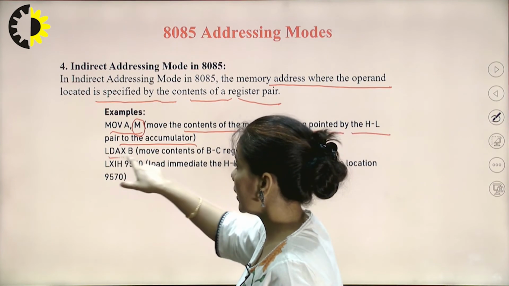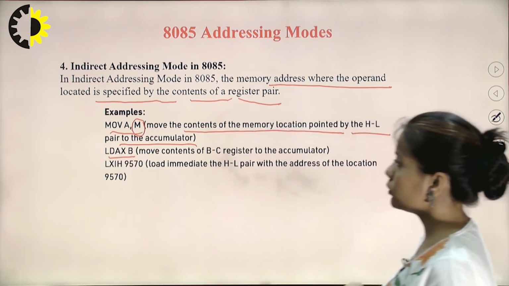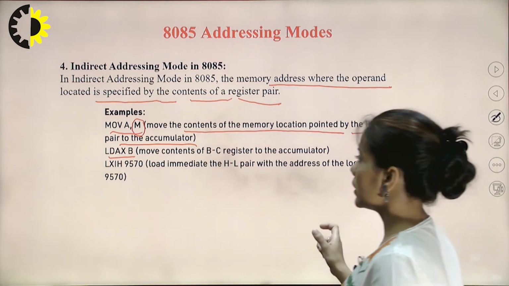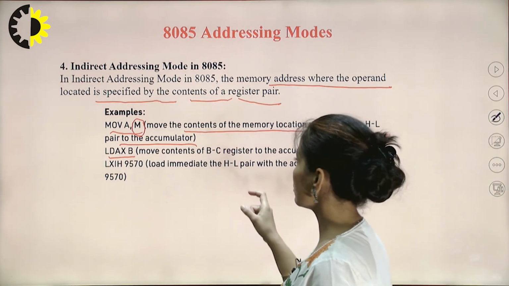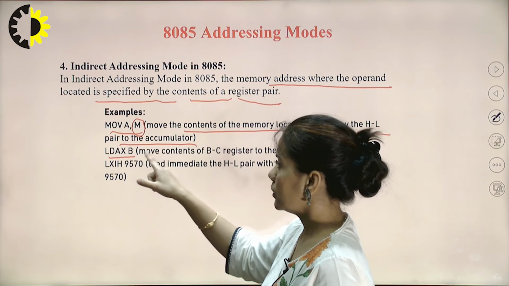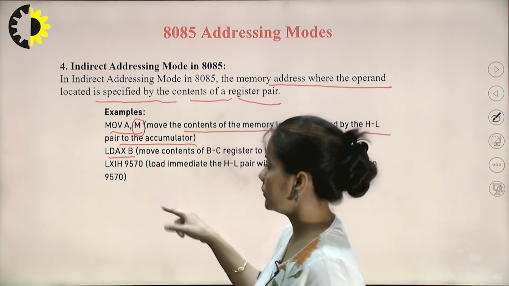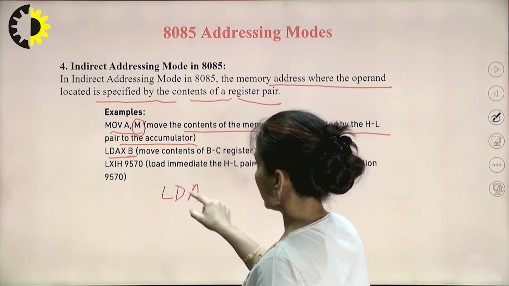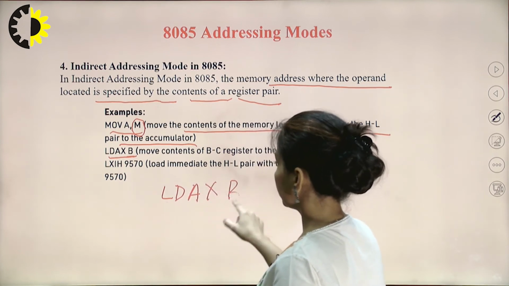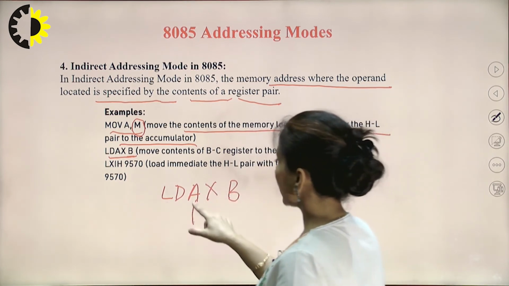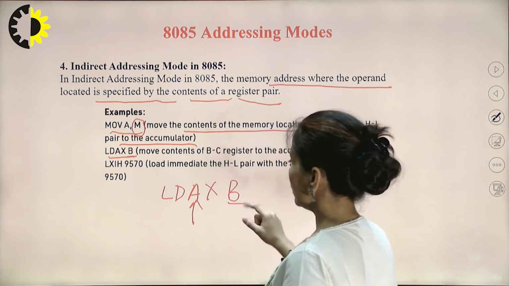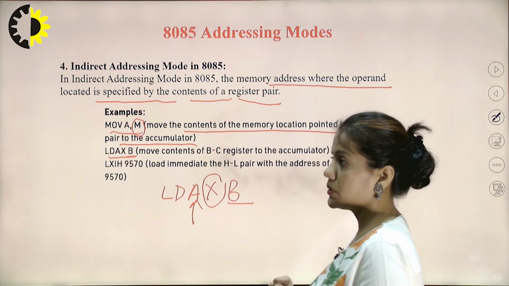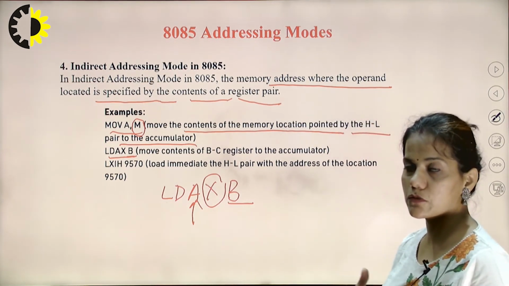Again, LDAX B means it will load the accumulator using the BC register pair, because X here means some register pair is working in the instruction.